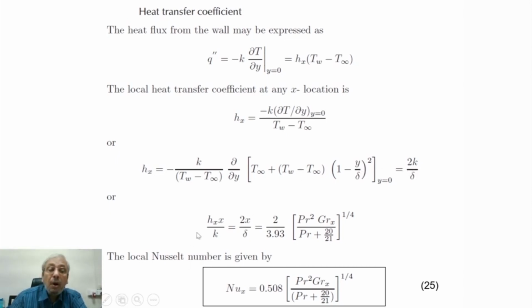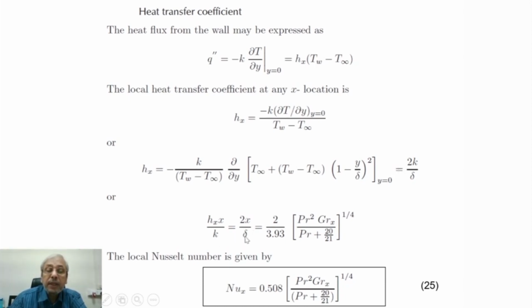So h_x x by k, if we transfer k to the left-hand side and multiply with x, we get twice x by delta.